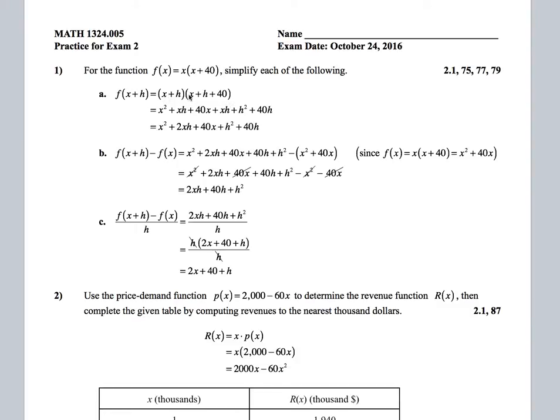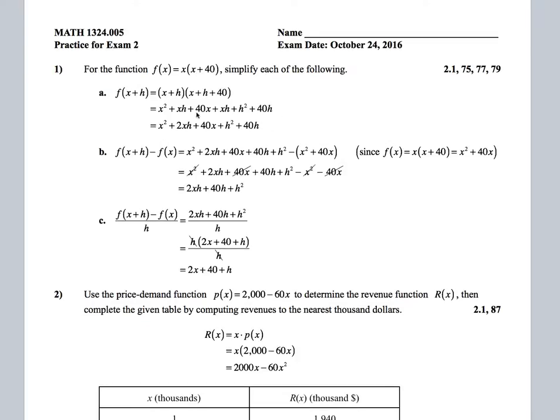So that's x times x is x squared, x times h is xh, and x times 40 is 40x. The second term is h. I multiply that times x for another xh, and then I multiply it times h. That gives me h squared, and I multiply it times 40 to give me 40h.